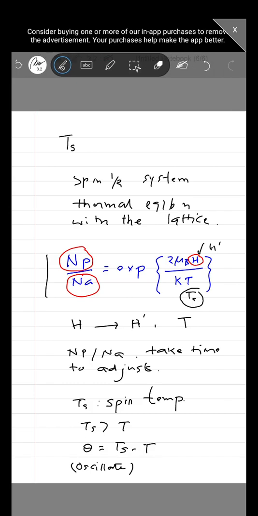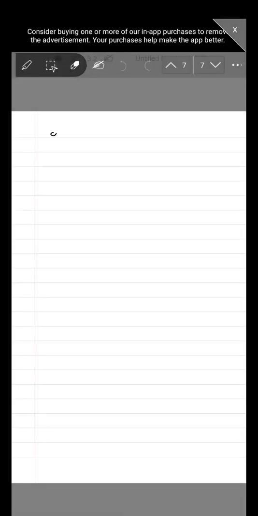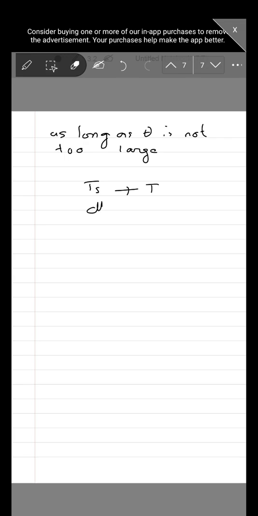As long as theta is not too large, heat is transferred from the lattice to the spin system. This heat transfer occurs in a short duration of time dt.